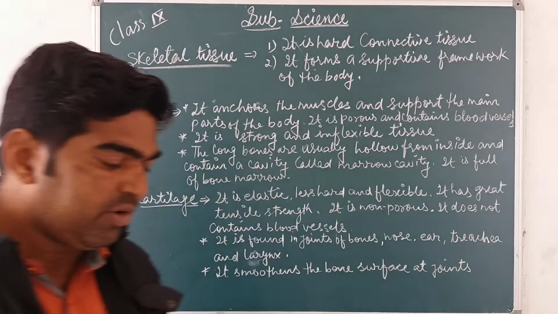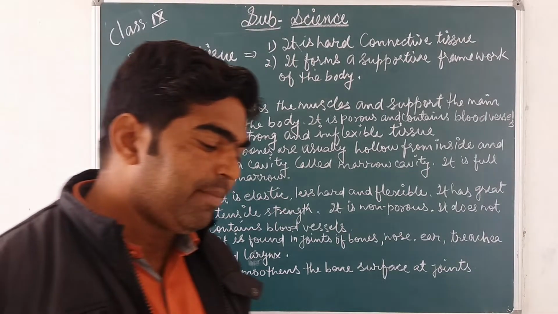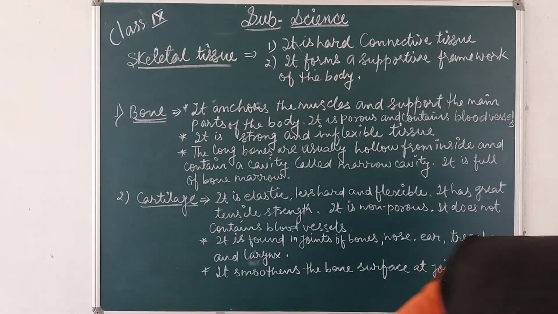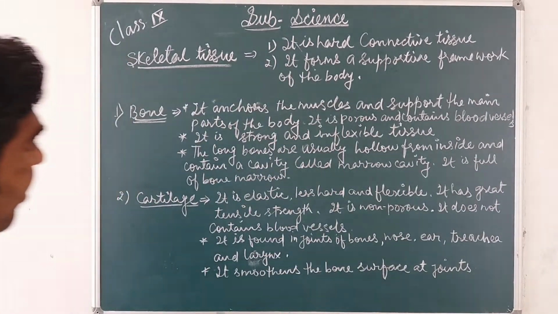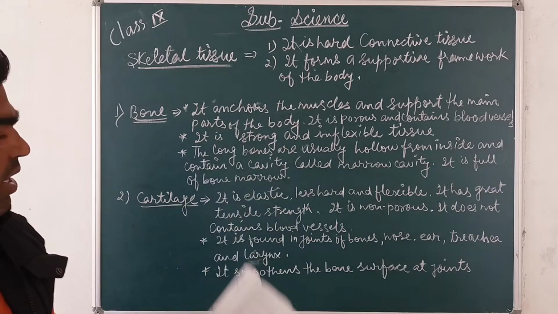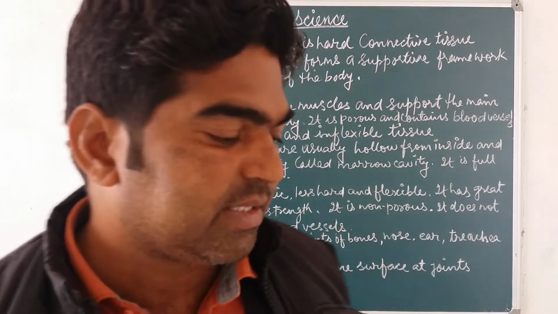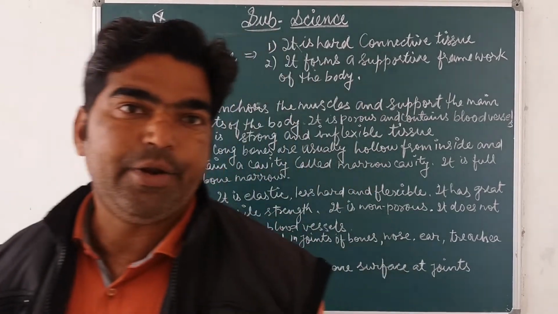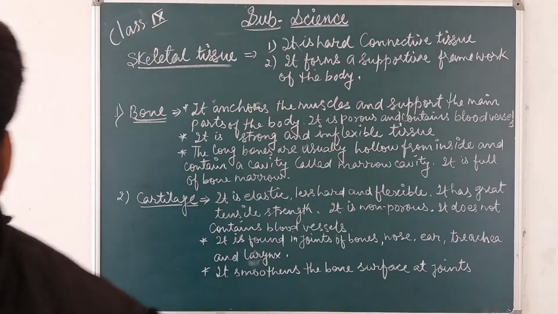Let us discuss the next type of skeletal tissue, that is ligaments and tendons. By pausing or taking a screenshot, you can note it down in your notebook. Then we discuss the ligaments and tendons, the other skeletal tissues.